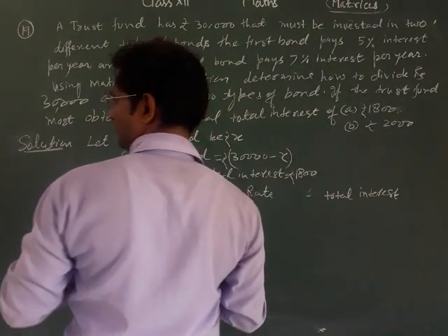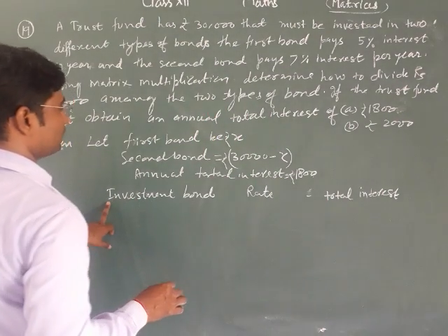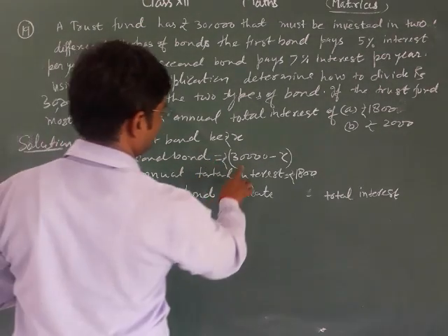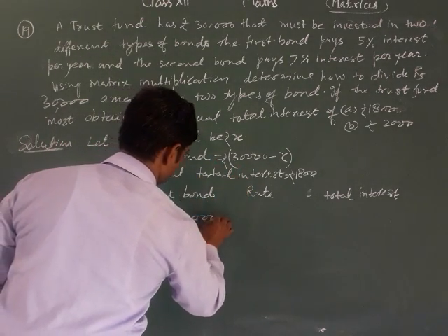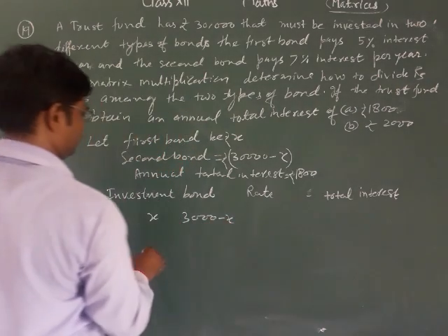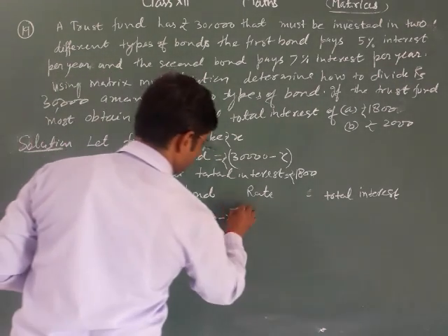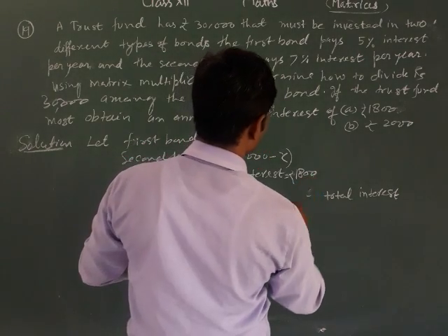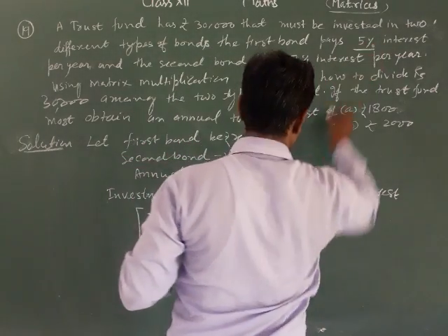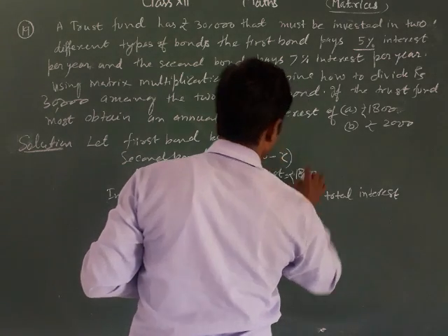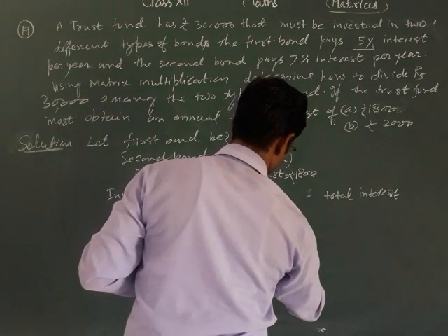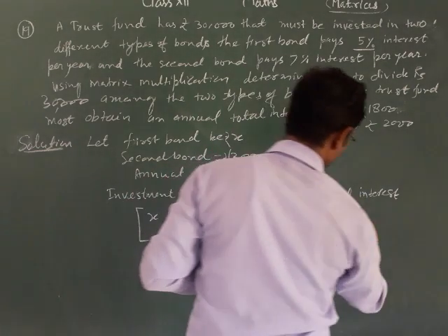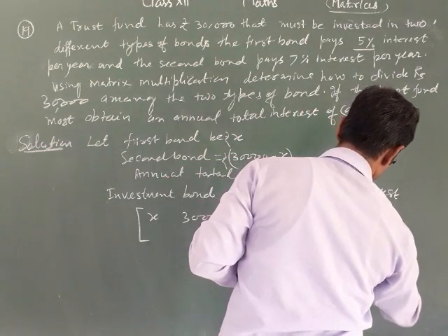So investment in bond, let X and 30,000 minus X. So this is this matrix and rate. So this is first 5 percent, and this is 7%. So rate into investment is equal to total 1800.